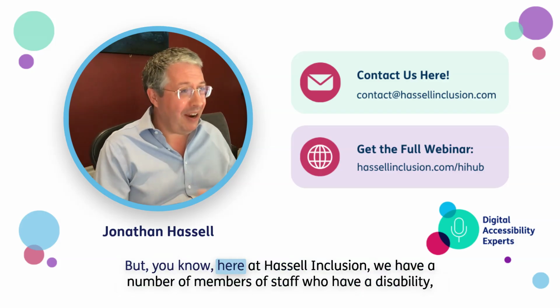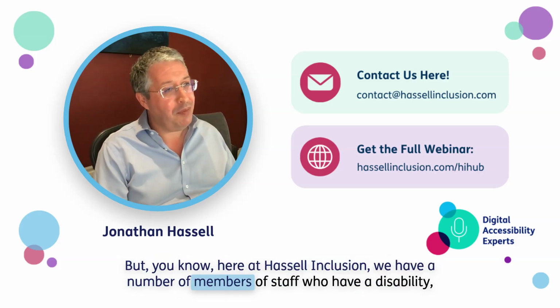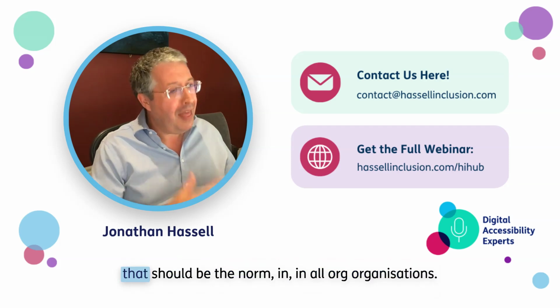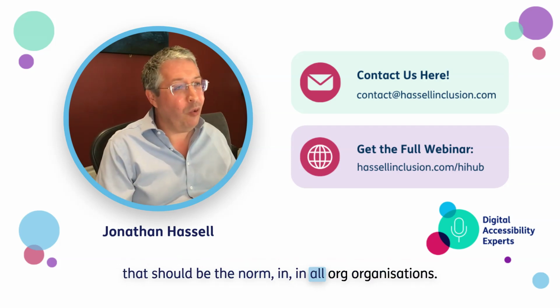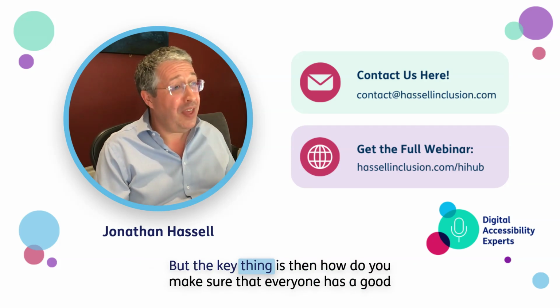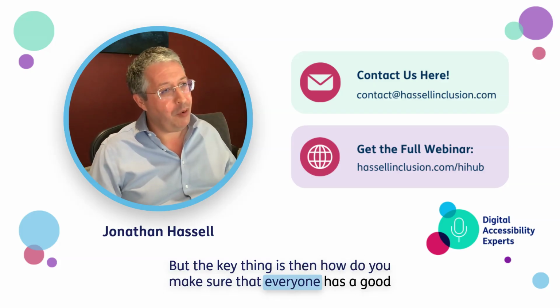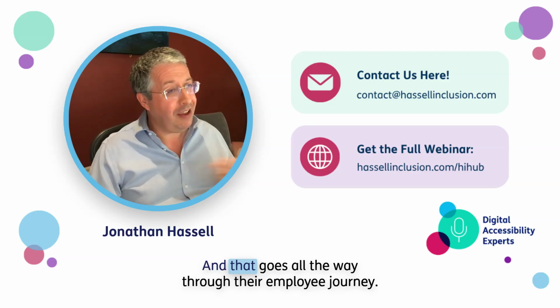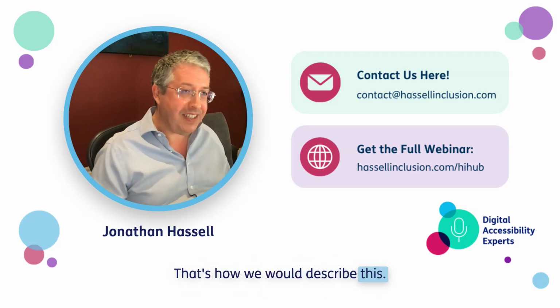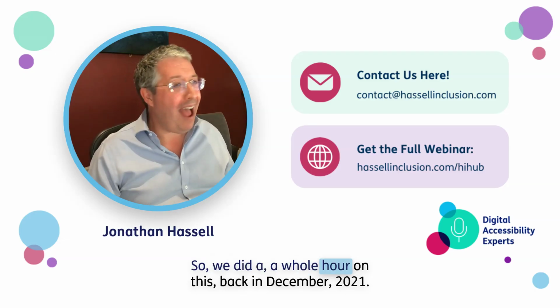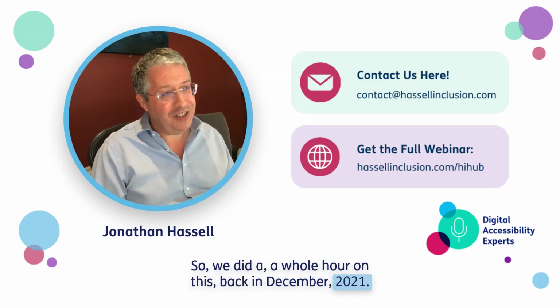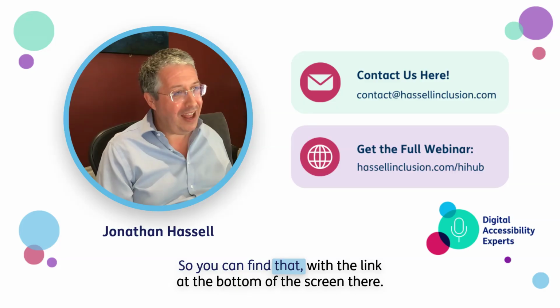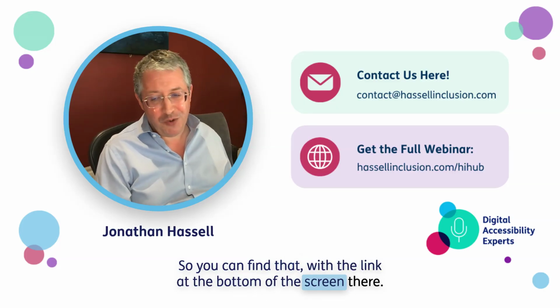But here at Hassell Inclusion, we have a number of members of staff who have a disability. That should be the norm in all organizations. But the key thing is, how do you make sure that everyone has a good experience of your digital tools internally? And that goes all the way through their employee journey. That's how we would describe this. So we did a whole hour on this back in December 2021, and you can find that with the link at the bottom of the screen.